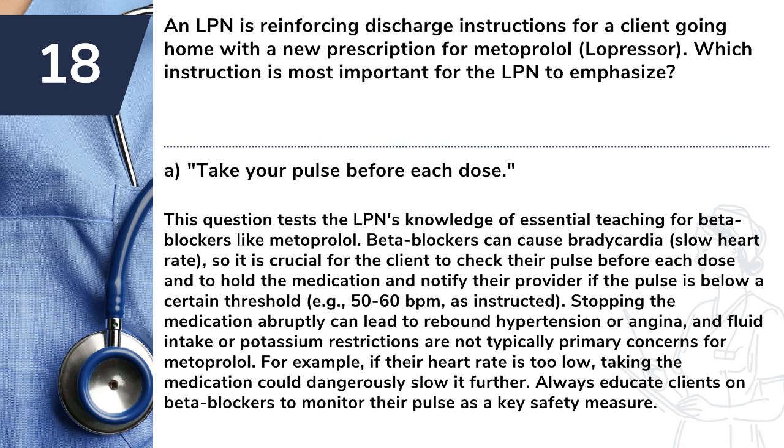Stopping the medication abruptly can lead to rebound hypertension or angina, and fluid intake or potassium restrictions are not typically primary concerns for metoprolol. For example, if their heart rate is too low, taking the medication could dangerously slow it further. Always educate clients on beta blockers to monitor their pulse as a key safety measure.